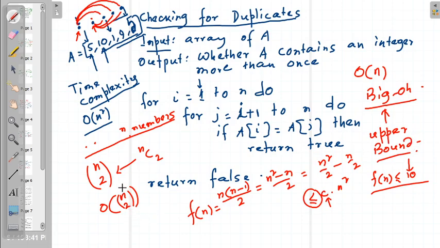So I can say right now that this for loop boils down to order of n square, right? This is the way we analyze algorithms.